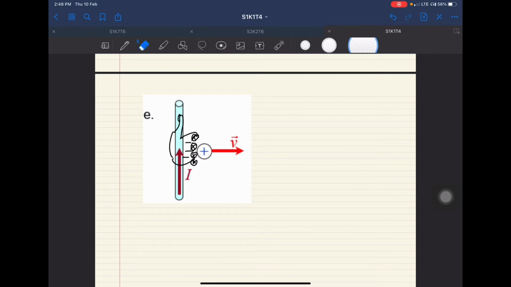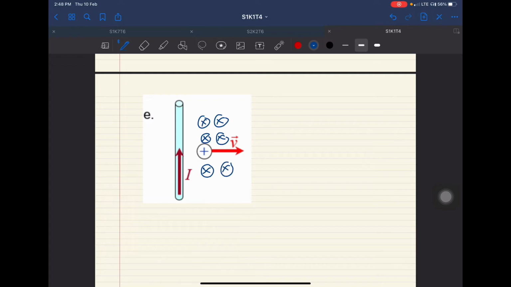So if you have a magnetic field into the page over there, using the right hand slap rule, your thumb pointed in that direction, all your fingers into the page, it's a positive charge, so F will be in that direction. So in this case, force is upwards.